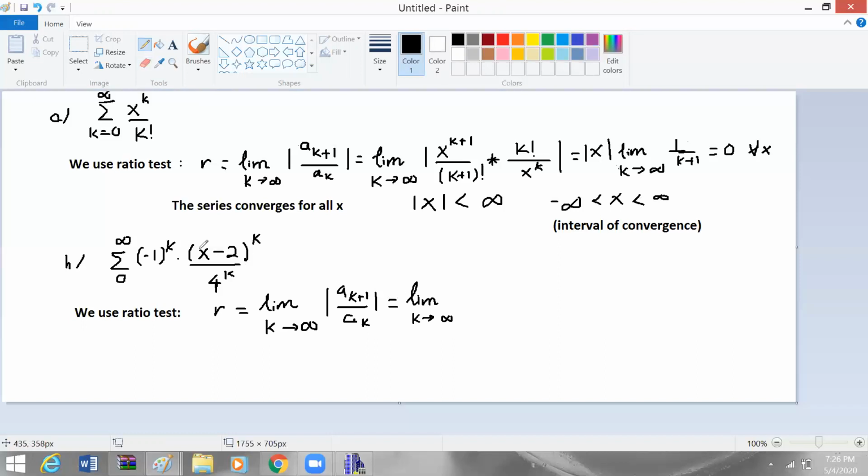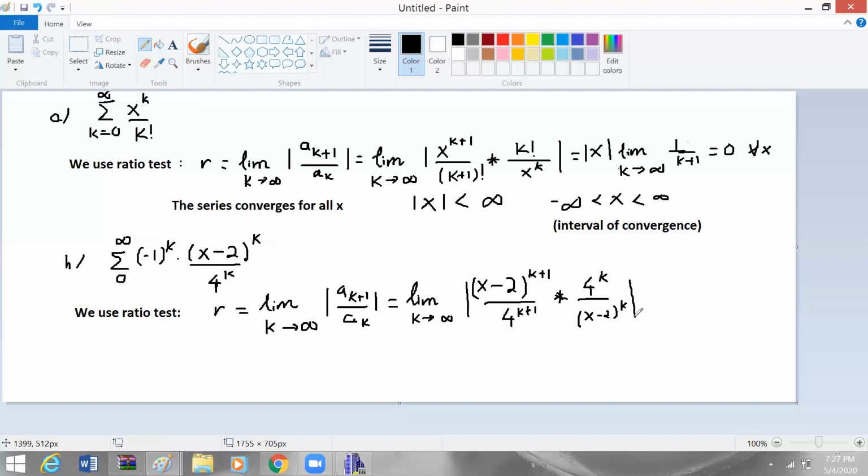So again, when we take the limit, with the absolute value, we ignore negative 1 to the k. So I can rewrite the term as x minus 2 raised to the k plus 1 over 4 to the k plus 1, right? Remember that. And then we multiply by the reciprocal of a k, which we rewrite as 4 to the k over x minus 2 to the k.